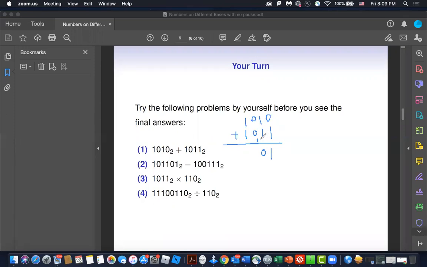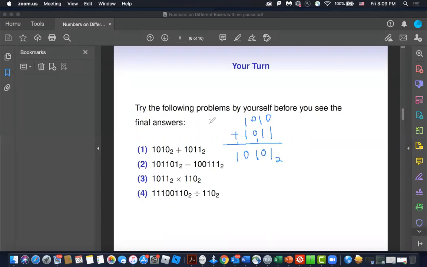So we put 0 there and carry 1 up. Then 0 plus 0 is 0, plus that 1 is 1. And this is 0 plus 0, we just put 0 there and carry 1 up. So that is the answer.